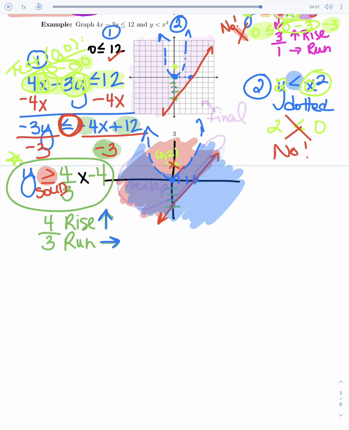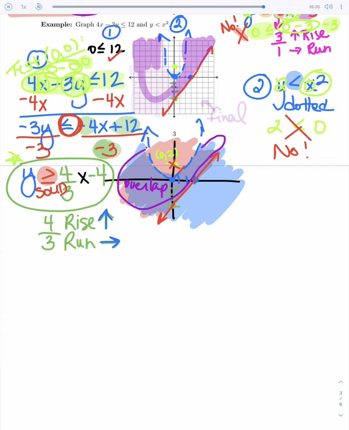Okay. So now the question is, what do I need to include in my final answer? Well, remember, my final answer should only see the overlap part. Well, notice the overlap part is all the stuff in between the two graphs that got shaded both red and blue. So I can go back to my final graph, which is above, and I'm only going to shade the stuff that's in between.